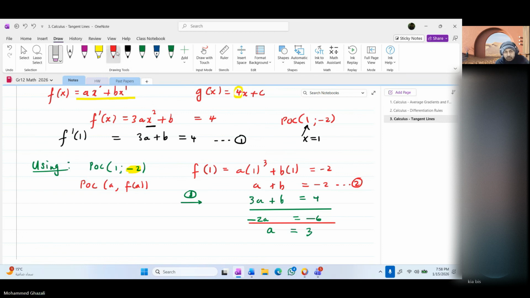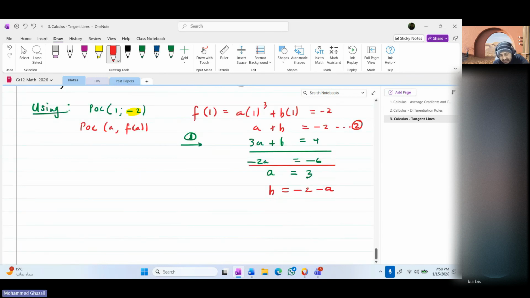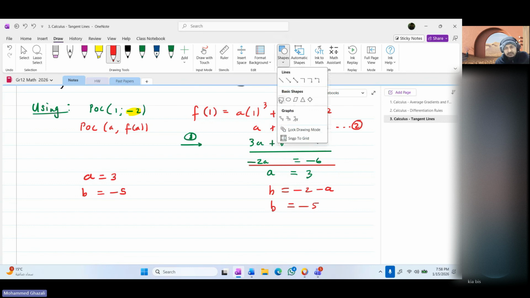So b is equal to -2 minus a, and a is 3. So the value of b is -5. Okay, so a is equal to 3, b is equal to -5, and that's my answer.